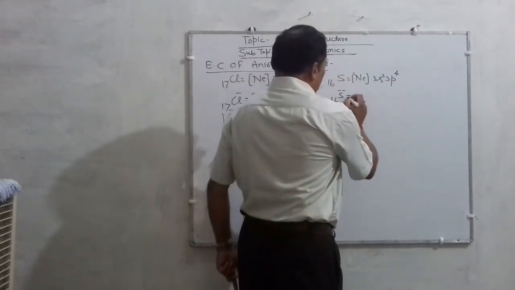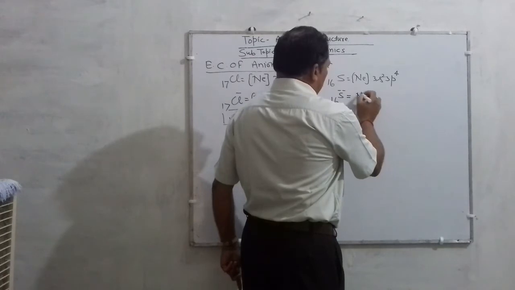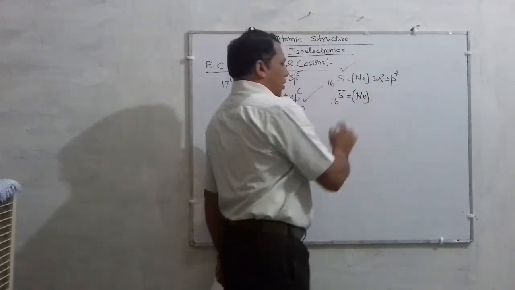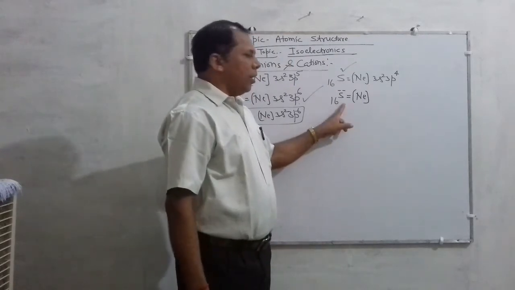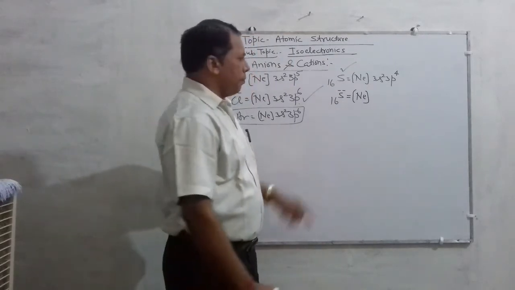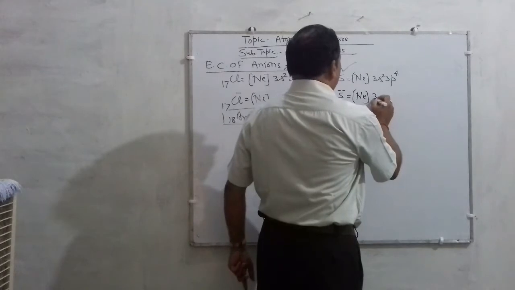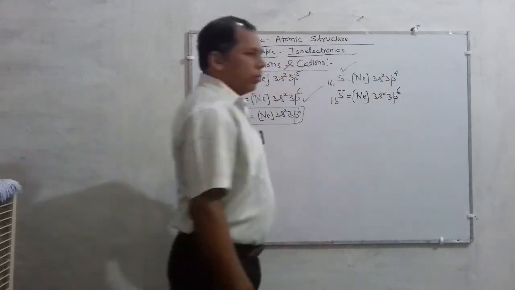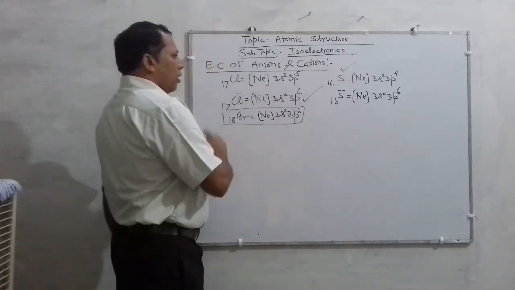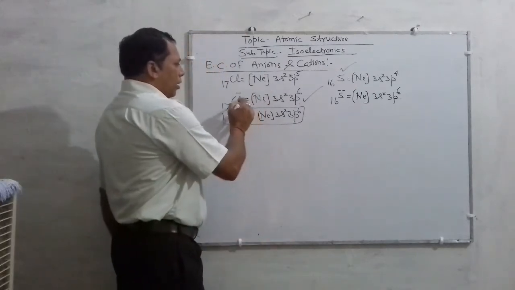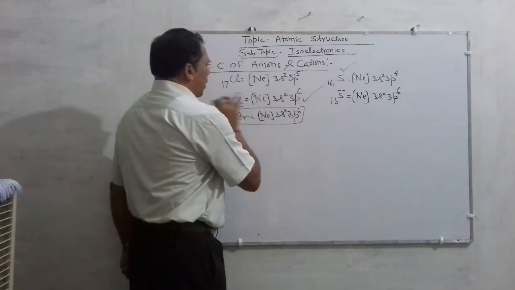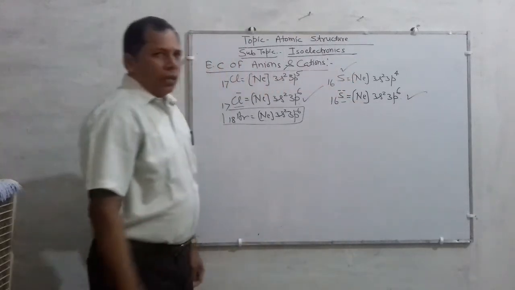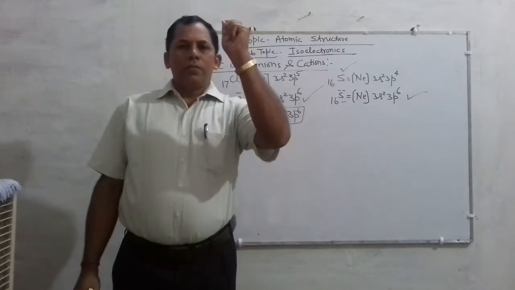So 18, and now you can write the electronic configuration of this sulfur. This is sulfur, and in the case of an anion, it becomes the sulfide ion. So it becomes 3s2 and 3p6. So one thing, children, now the electronic configuration of this chloride ion and this sulfide ion is similar.